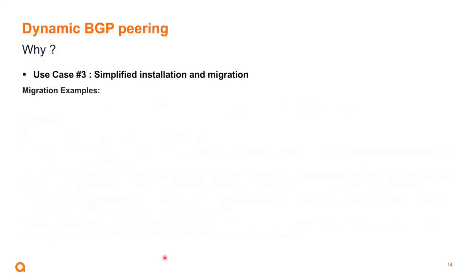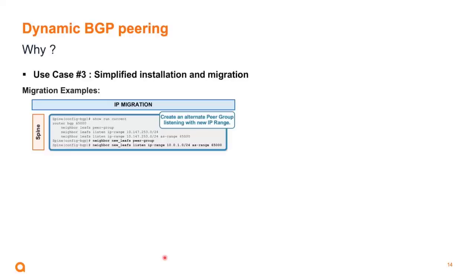So in this slide, we will just see two examples of the migration use cases. The first example is about IP migration. As you remember, we want to update the interface used by the remote peer, so the active peer, as update source. So we just need to create a new peer group listening to the new IP range.